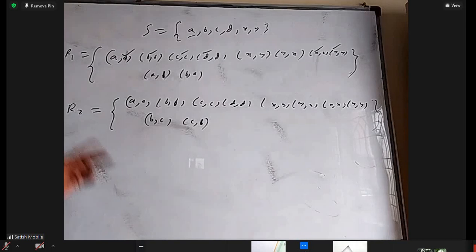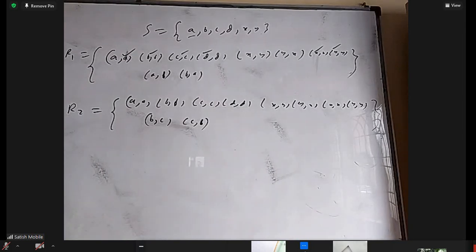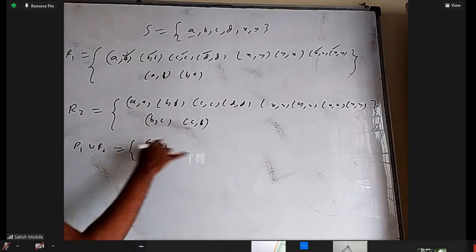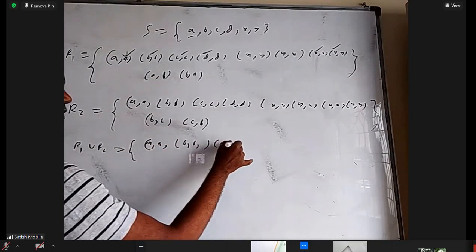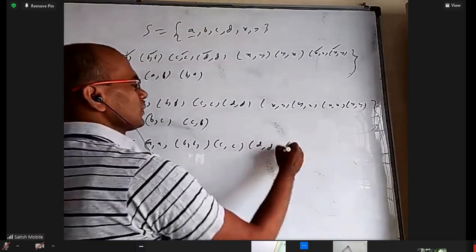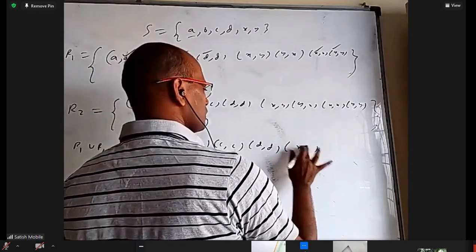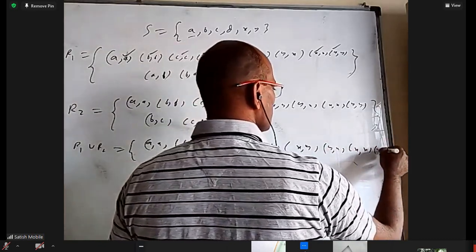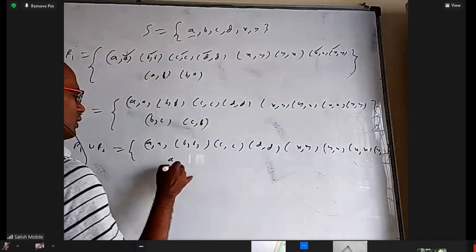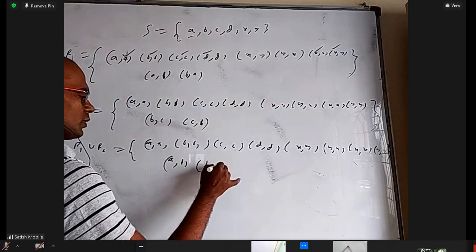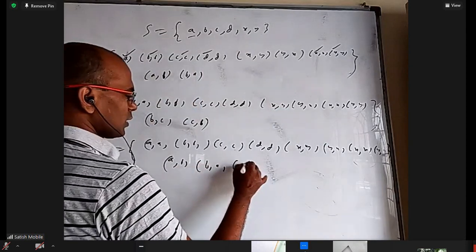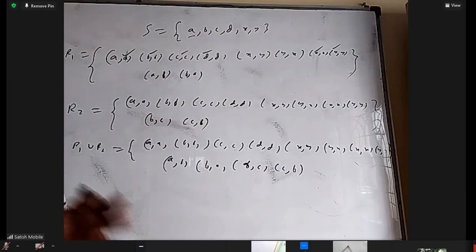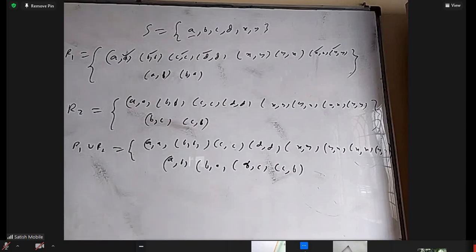Is there anything else? Transitive. Let us see carefully. When you take R1 union R2, what happens? You get A comma A, B comma B, C comma C, D comma D, X comma X, let us say X comma Y, Y comma X, X comma X, Y comma Y, A comma B, B comma A, B comma C, and C comma B. Actually, there is a main point I want to tell, but I wrote big things.